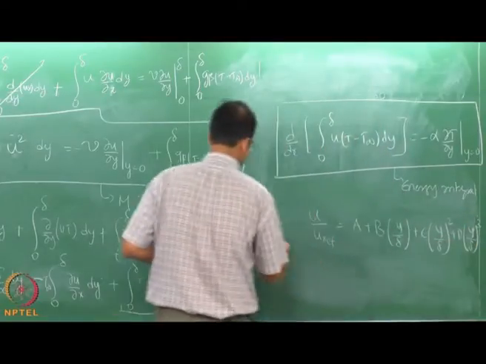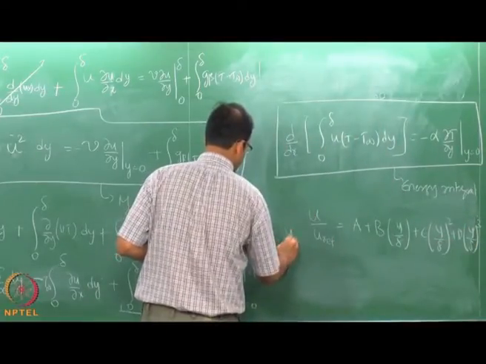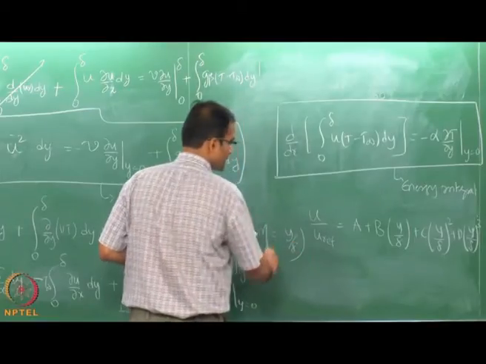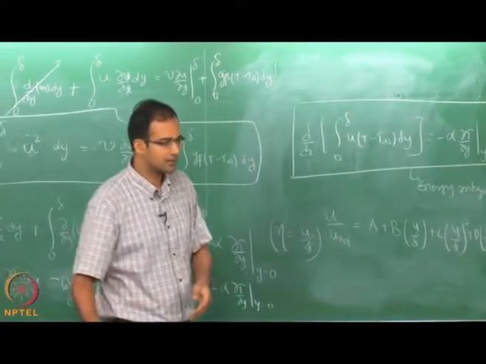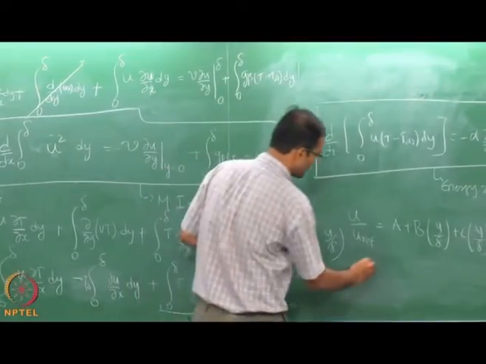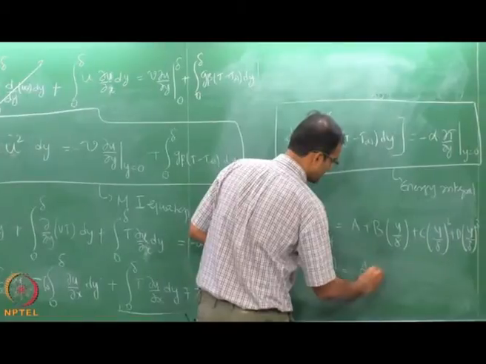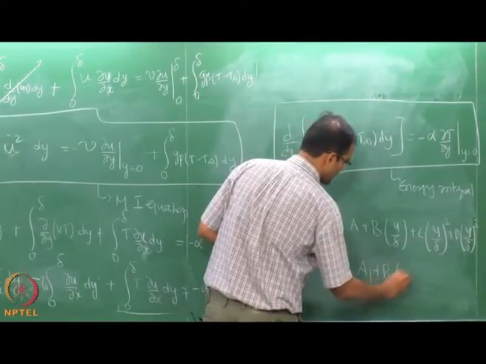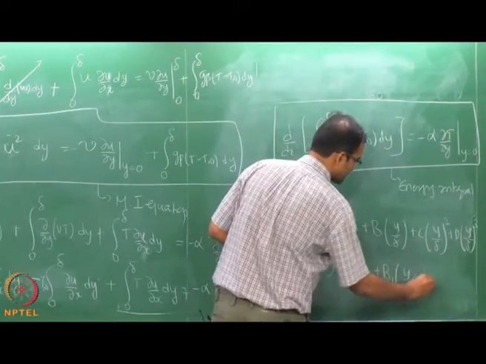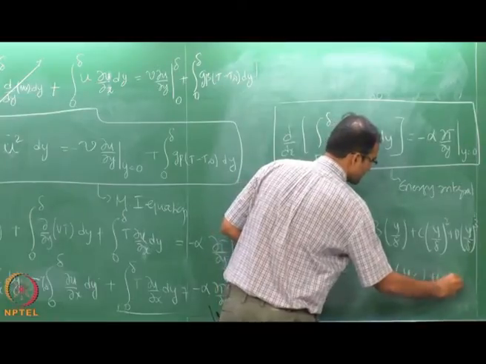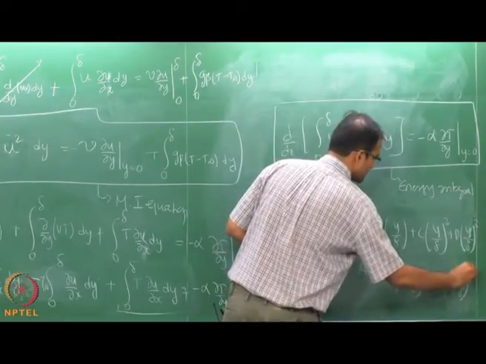You can make eta equal to y by delta. So, this was the cubic assumption. Similarly, for theta, you can say a1 plus b1 into y by delta plus c1 into y by delta square.